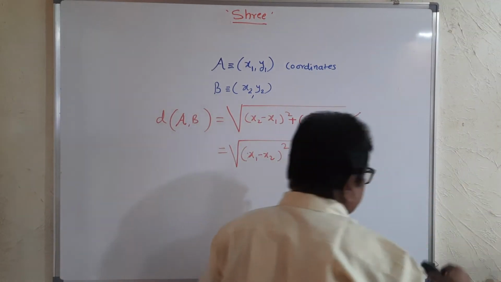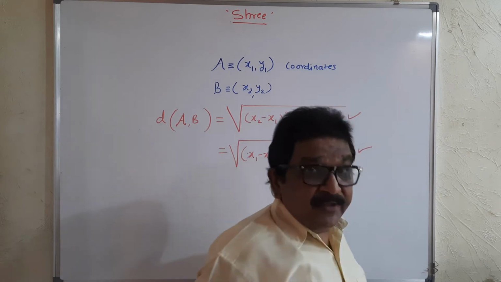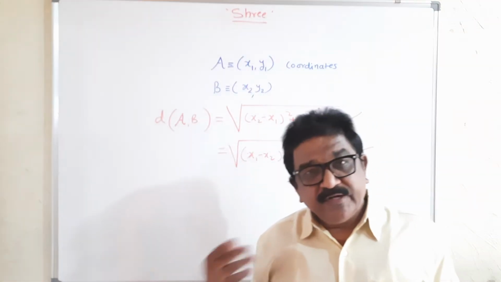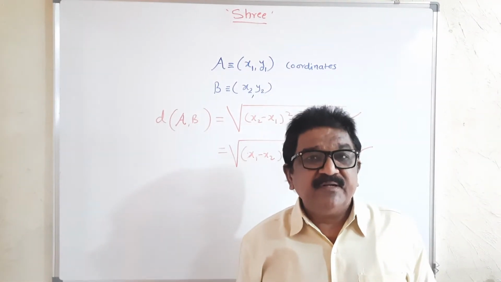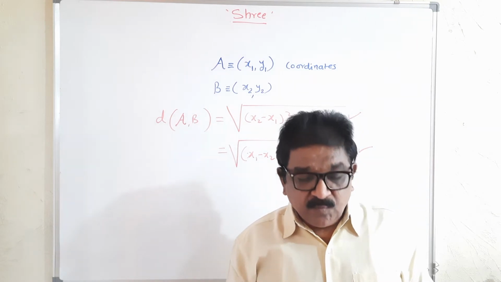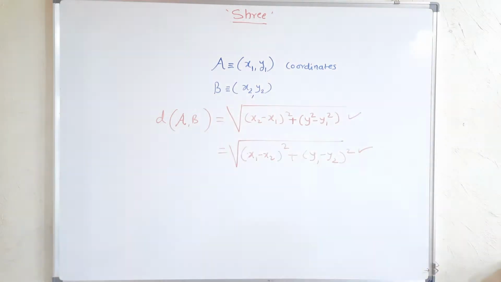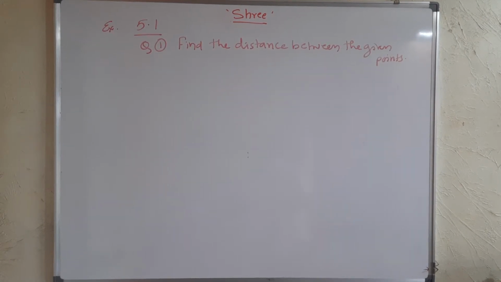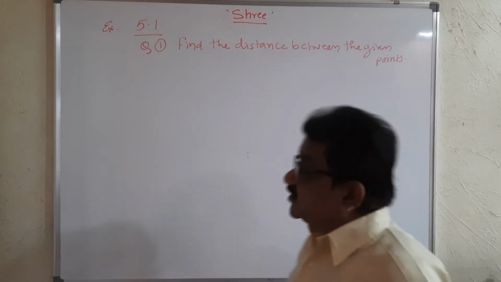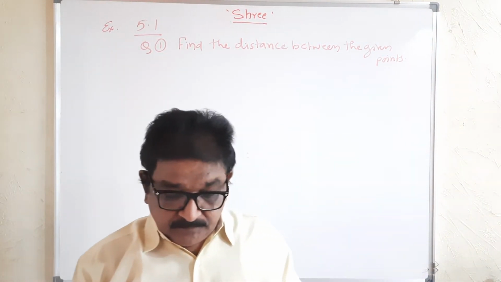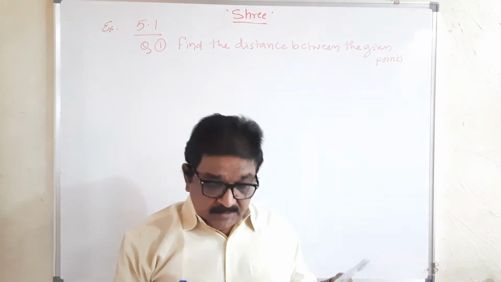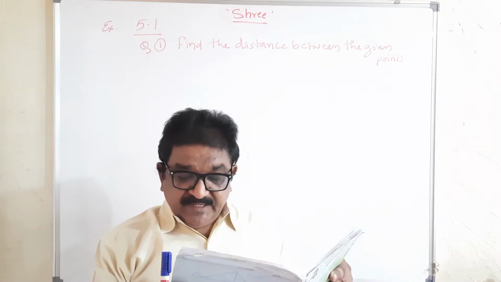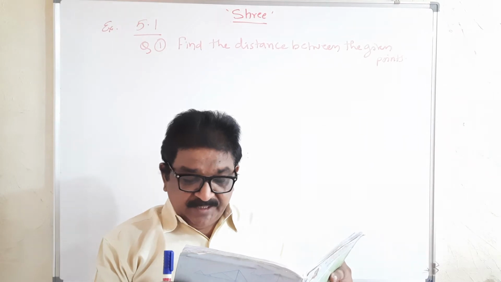So using this formula, we are going to solve exercise number 5.1. Exercise number 5.1, question number 1. Find the distance between each of the following pairs of points.